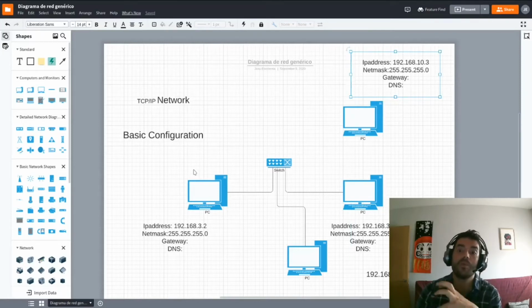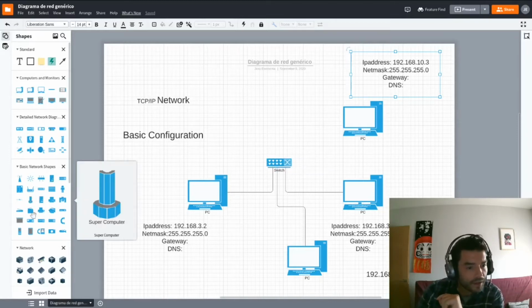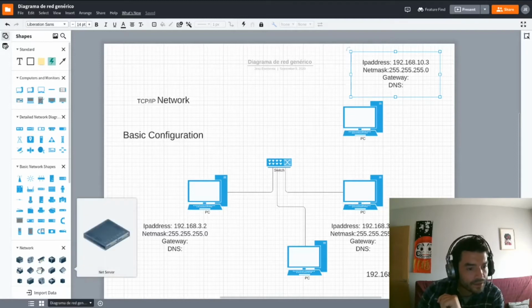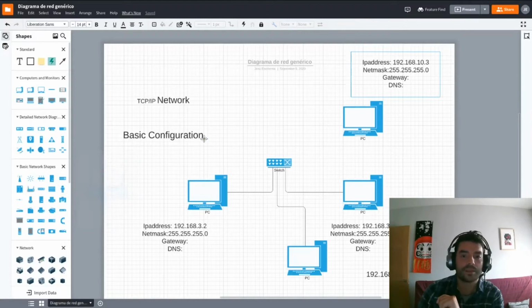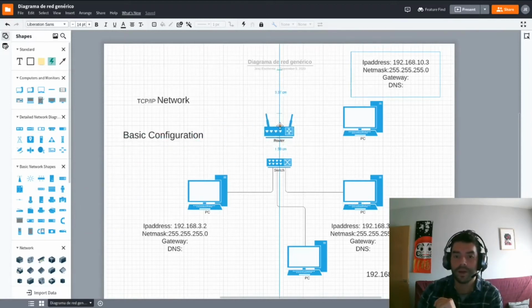But what happens if we want to communicate some computers that are in different networks? Well, if we want to connect different networks, we need, apart from a switch, or maybe instead of a switch, we need a router, okay? So I'm gonna try to find here routers. Here is a router, okay? This is another icon, but this machine can be in two different networks, okay?